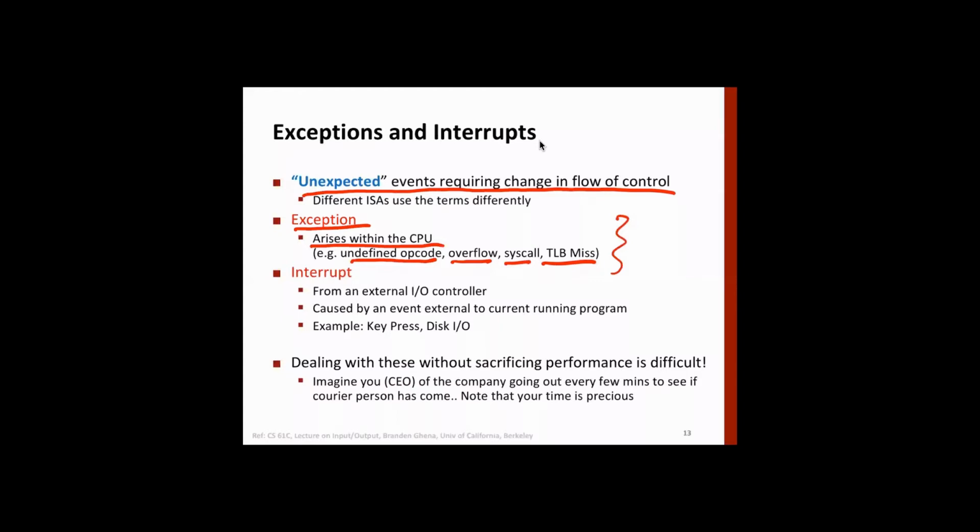Or there is some exception or some interrupt raised because of some event. Say for example, the temperature of the CPU or the chip suddenly goes up for some reason, so it may cause an interrupt, and then the CPU will start handling that interrupt. Okay, so interrupt is generally external, because of an external event to the currently running program.